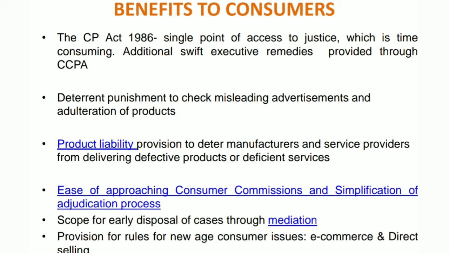Product liability provisions deter manufacturers and service providers from delivering defective products or deficient services. There is ease of approaching consumer commissions and simplification of the adjudication process, scope for early disposal of cases through mediation, and provision for rules on new-age consumer issues, e-commerce and direct selling.